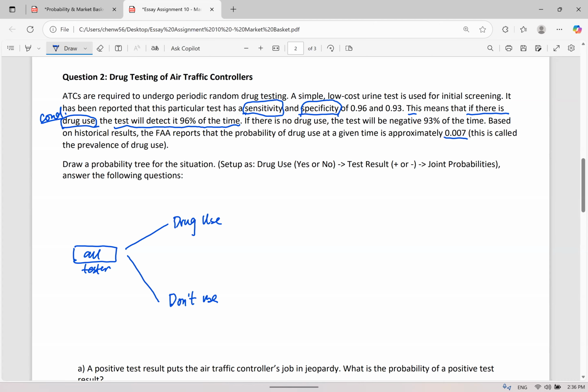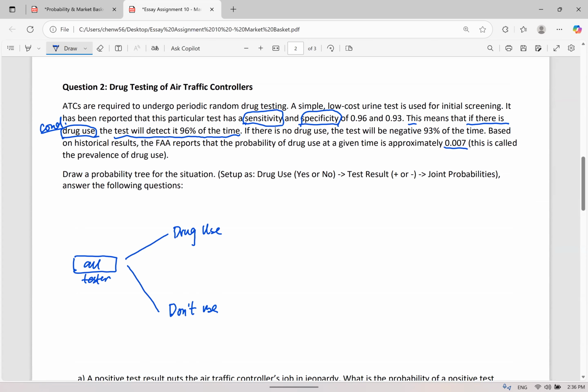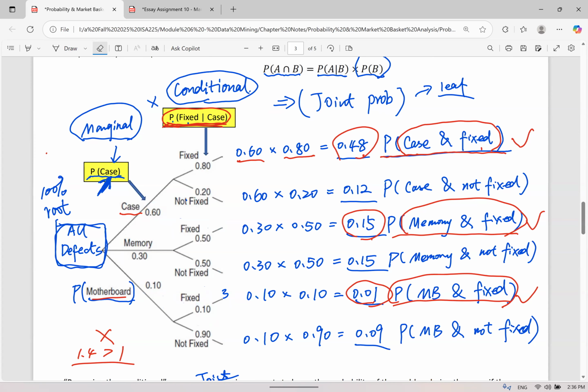When we have this kind of probability tree, we want to mark our probabilities, especially for our first step. So we want to put our probability on the way to each case.